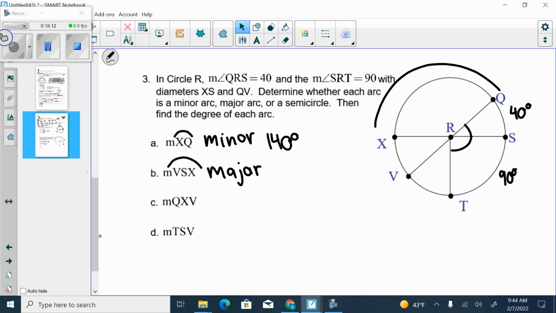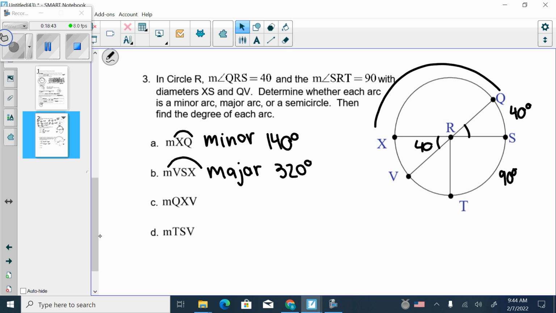How would I find it? 320. How do we find 320? Is there linear? Yeah, well, those 2 are what kind of angles? Vertical. So this must also be 40, right? And then you could just subtract, right?